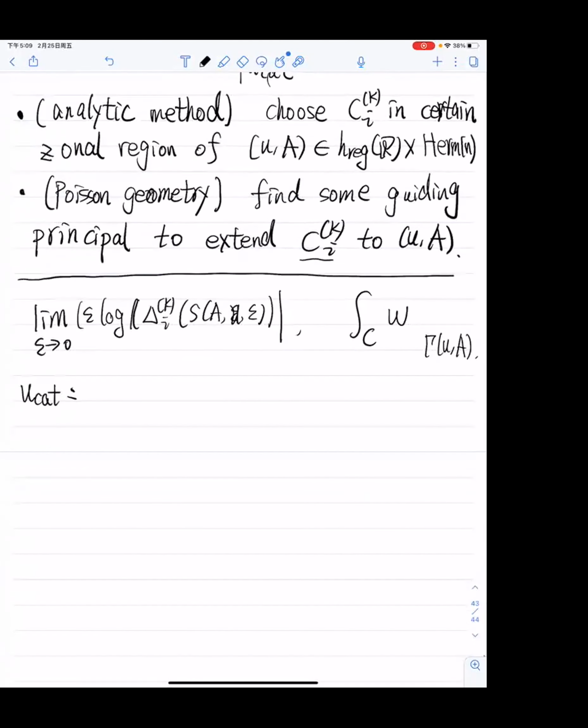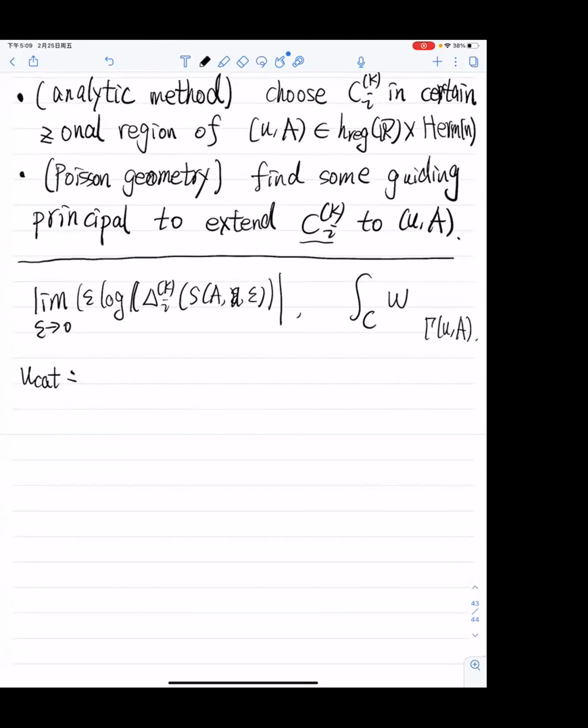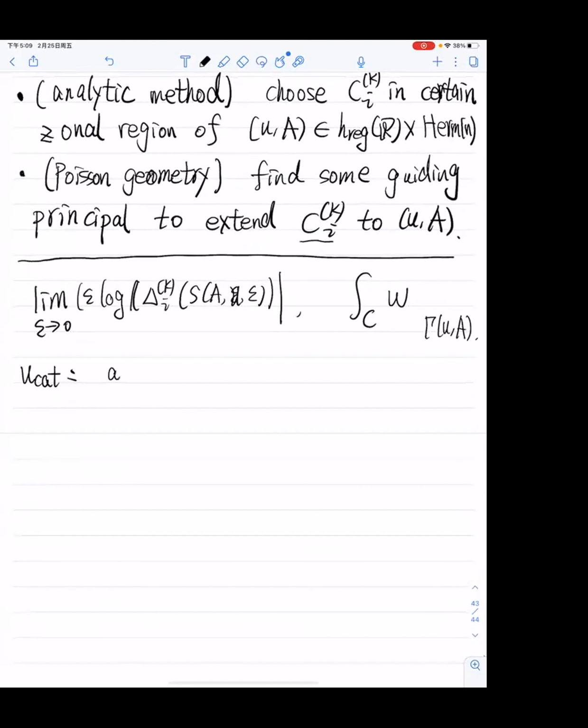But here, let's simply say it's an asymptotic zone. So let's simply denote U-cut is a certain asymptotic zone of U.